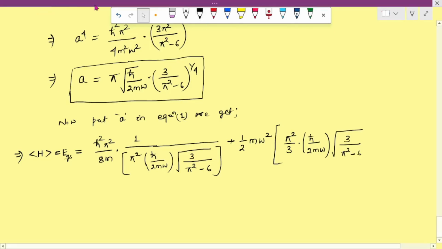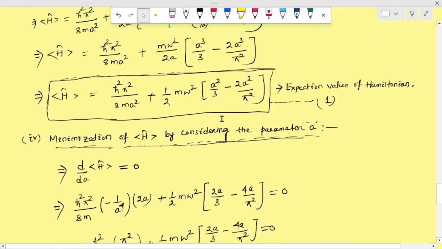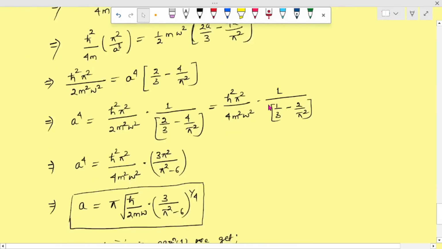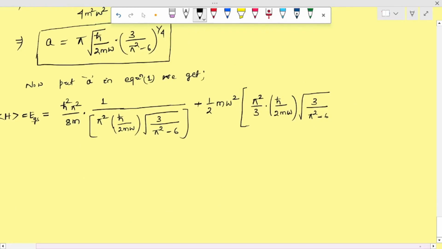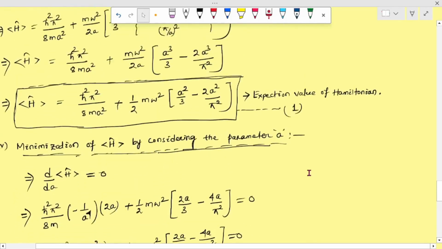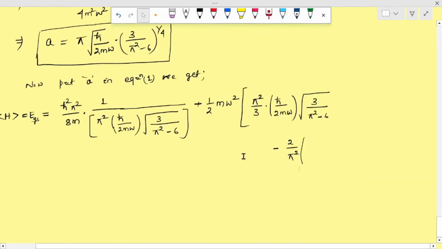Then another term is there, minus 2a² by π². First write 2 by π², then write the a² value, which is this much.